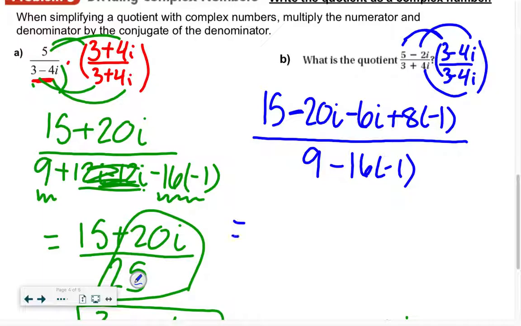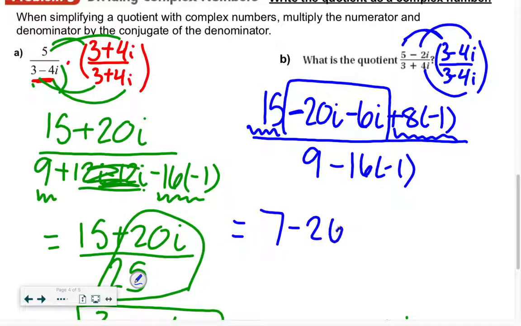So let's simplify the top. I have the real number part, 15, and what kind of 8? Negative 8, so what does that simplify to? 7. Then I have my complex part, minus 20 minus 6i gives me how much? Negative 26i.